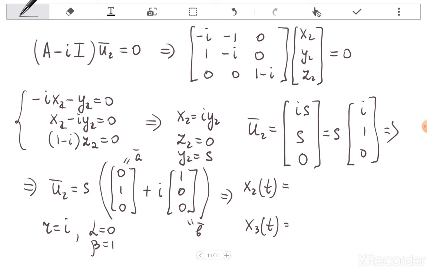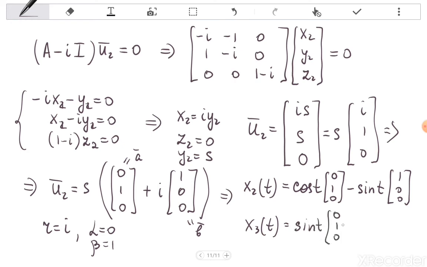So we'll get just cosine beta t, and beta is 1, so cosine t times the vector a, 0, 1, 0, plus, sorry, it should be minus sine t times the vector b, which is 1, 0, 0. And x3 is sine t times the vector a, plus cosine t times the vector b.